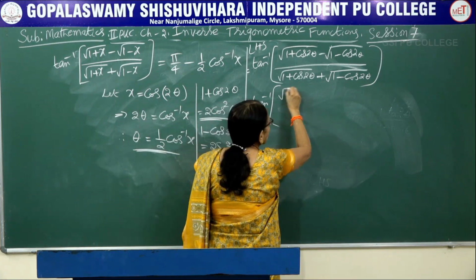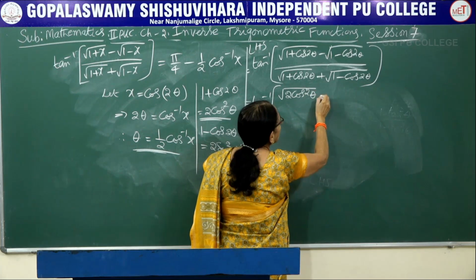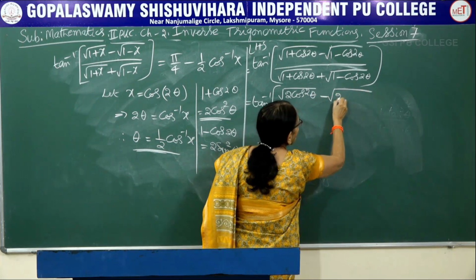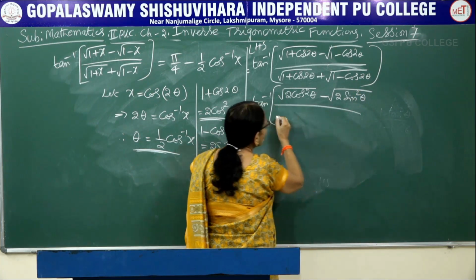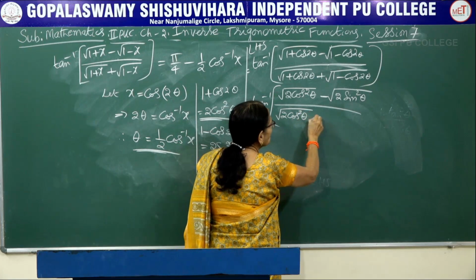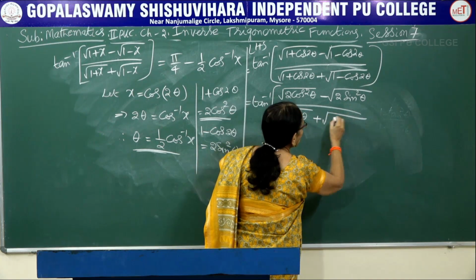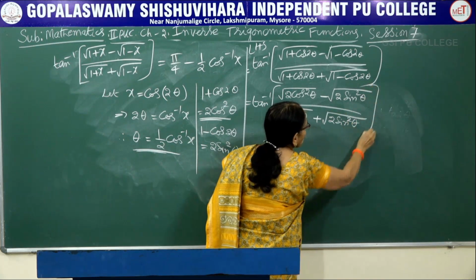So this can be written as root of 2 cos square theta minus root of 2 sin square theta divided by root of 2 cos square theta plus root of 2 sin square theta.